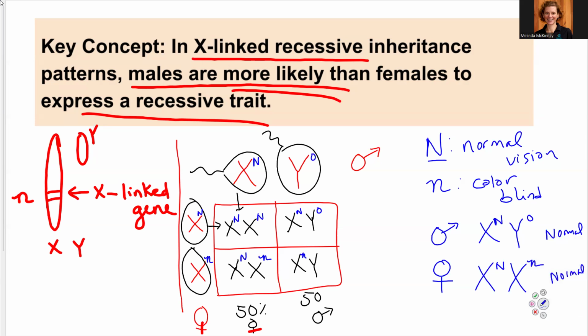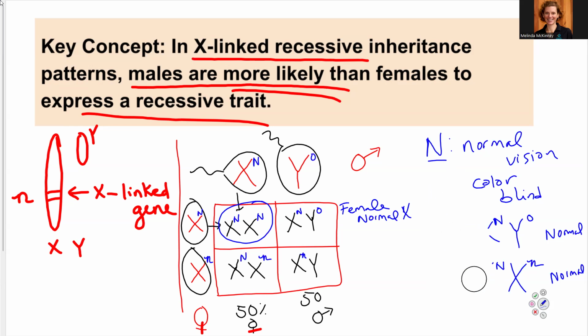All right, so then if we look at the ratio of the trait of interest here, which is going to be color blindness, we can see that this first option, so 25% of the offspring are going to be female, and they're going to have normal vision, and they are homozygous.